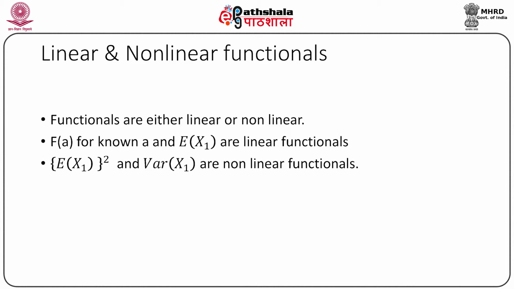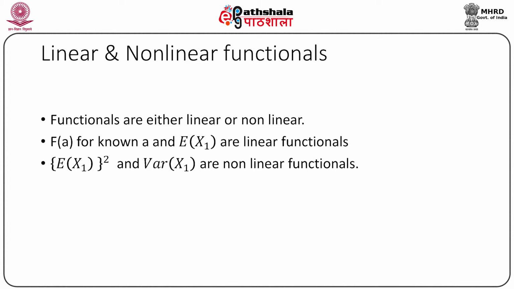We start with linear functionals. So we start with the definition of a linear functional. Consider two distribution functions F1 and F2. Then any linear convex combination of them is also a distribution function.